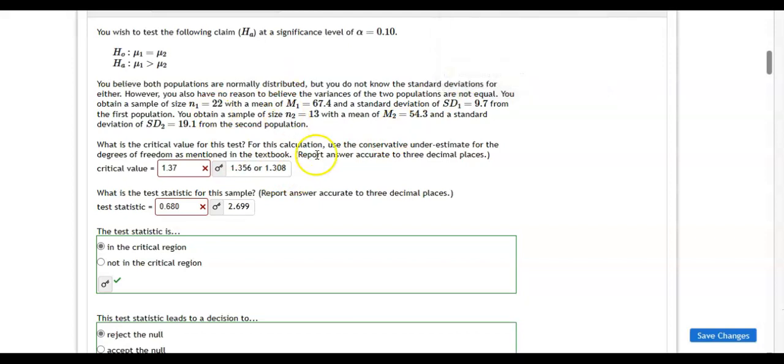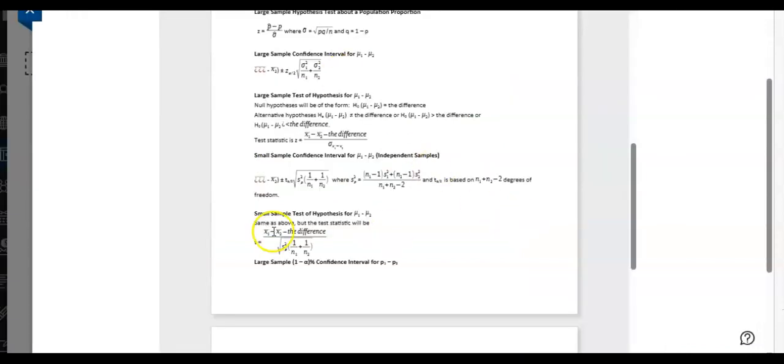I pulled up our formulas document. And of course, this is also in your textbook, but notice the small sample test for hypotheses for mean 1 minus mean 2. Here's our test statistic. We've got to use this right here, and then we're going to have to use this pooled variance formula.